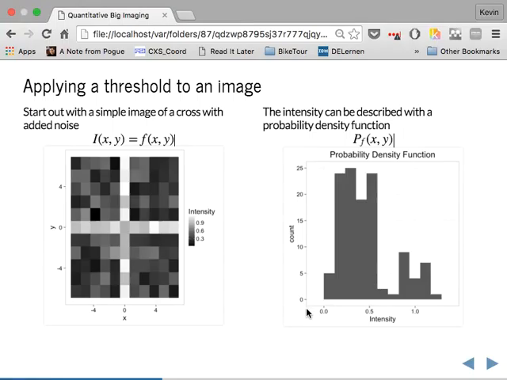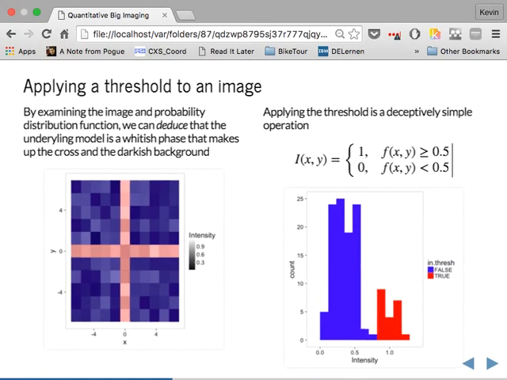So these values here refer to the brighter values in the image. These darker values here refer to the values in the background. So it's quite straightforward. These are the two representations that we have from this image that we use to try to threshold it. We then take this, and you can apply a threshold.